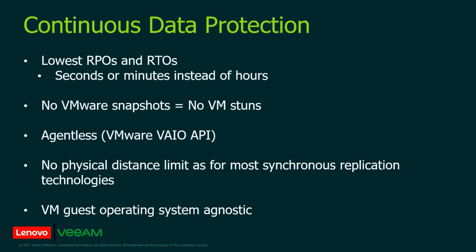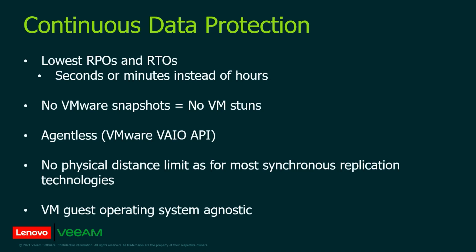And for the RPO with that, we did advertise up to a 15-minute frequency. 15 minutes was hard to achieve for some workloads, particularly very transactional workloads, because we were taking a VM snapshot every 15 minutes, and that was not always acceptable in terms of VM operations for some folks. And so, maybe our RPO was a little more realistic for the traditional VM replication capability we've had in VBR.